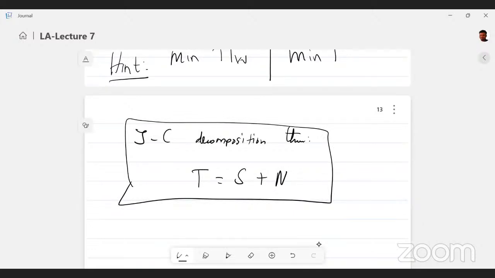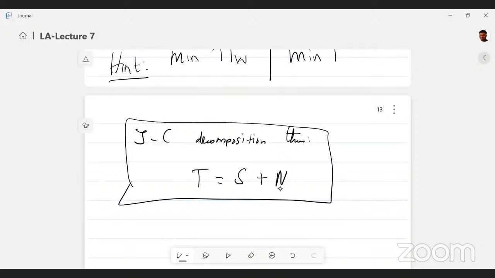Now, once you write it like this, what happens? The problem of understanding any operator comes down to understanding only the nilpotent operator, because the diagonalizable operator you understand very well. They are nothing but diagonal matrices with respect to some basis.